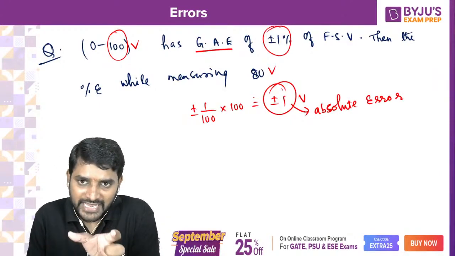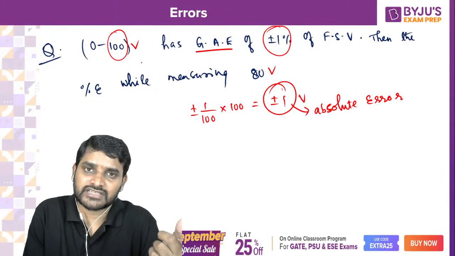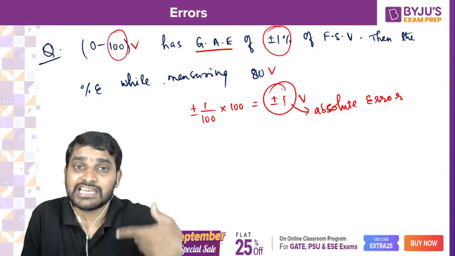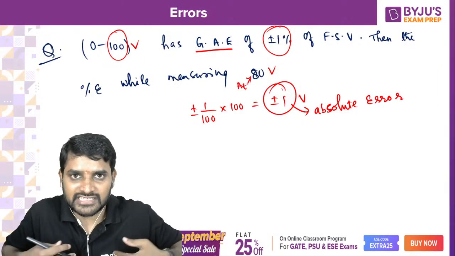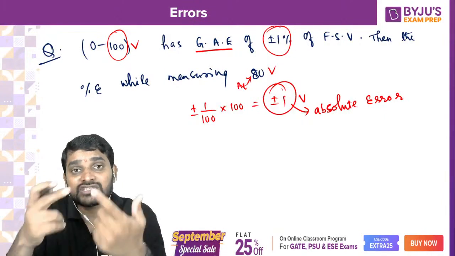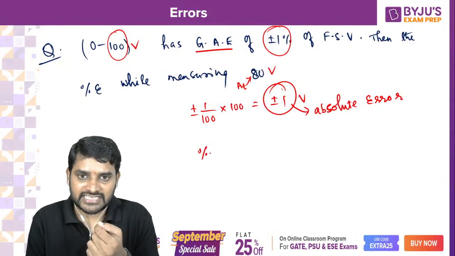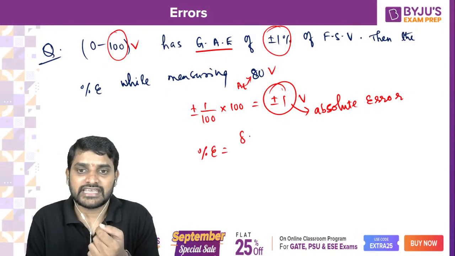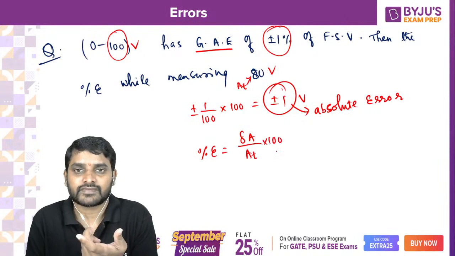Now, I am applying 80 volts to the voltmeter. If I apply 80 volts to the voltmeter, how much value is going to be indicated? So this is my true value, the true value I am going to apply. Now, how much value is going to be indicated? Obviously, your percentage limiting error is equal to del A, that is absolute error, divided by true value, into 100.